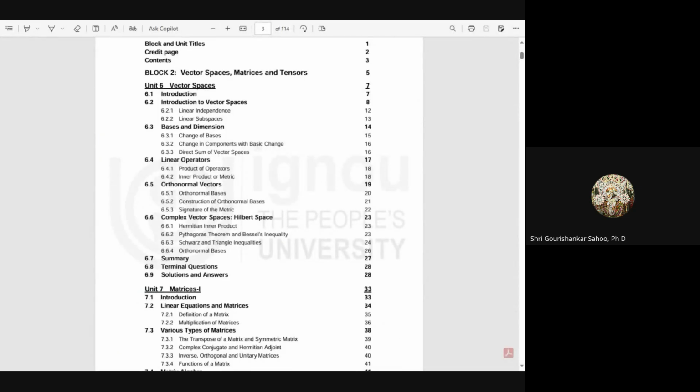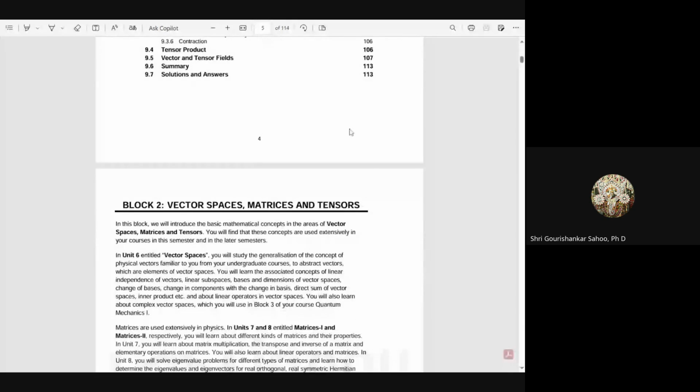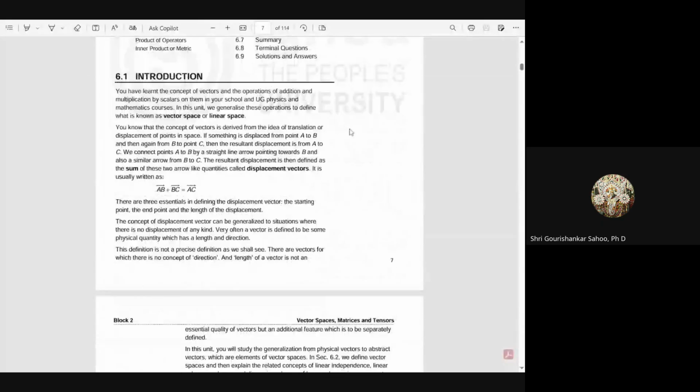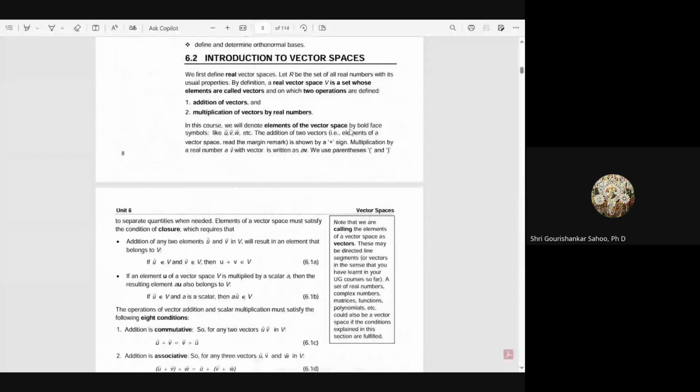So look, vector space. Real vector space: you can define, let R be the set of all real numbers with its usual properties.